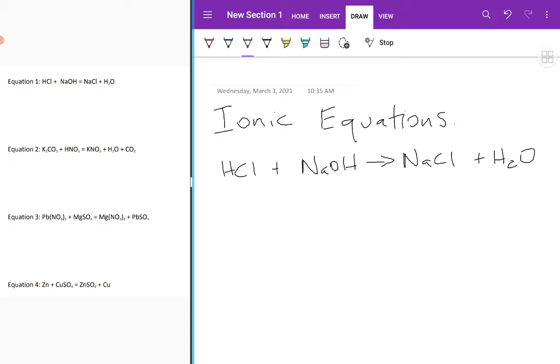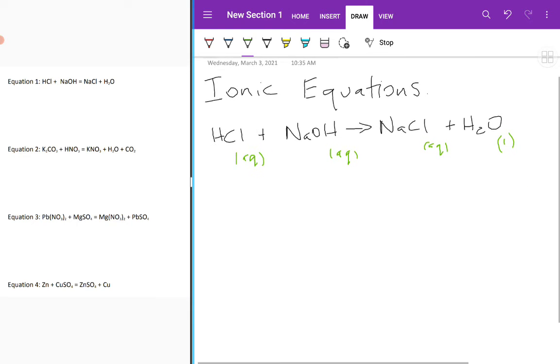Let's now assign our state symbols. Hydrochloric acid is an acid, that's aqueous. Any compound that contains sodium, potassium, ammonium is also aqueous. So sodium hydroxide is aqueous, sodium chloride is aqueous, and water, as you know, is aqueous. So now we have our balanced molecular equation plus the state symbols.